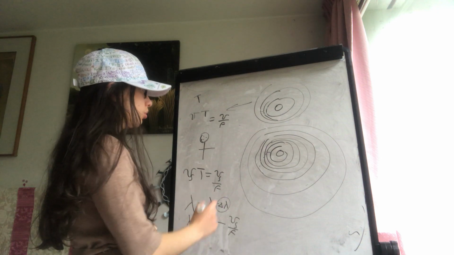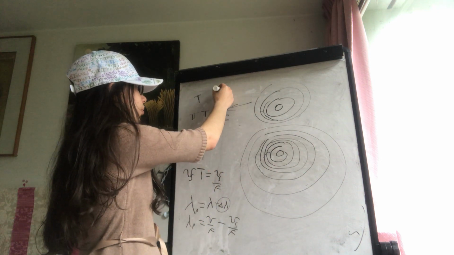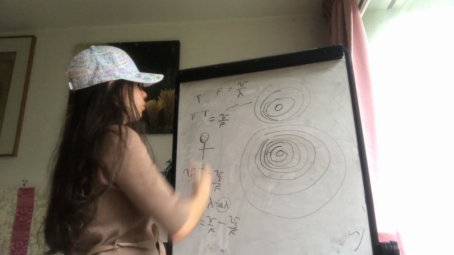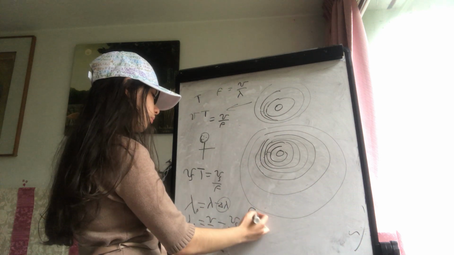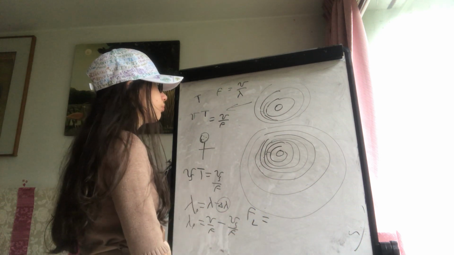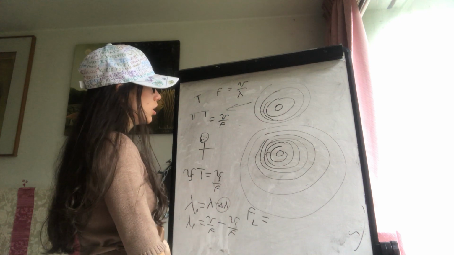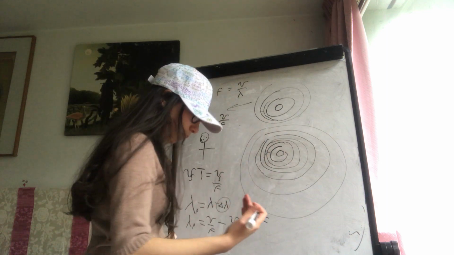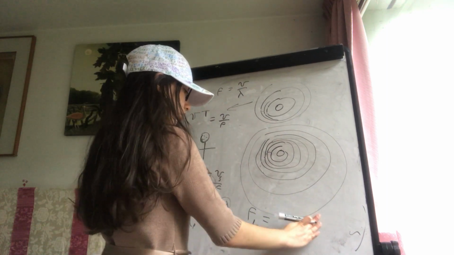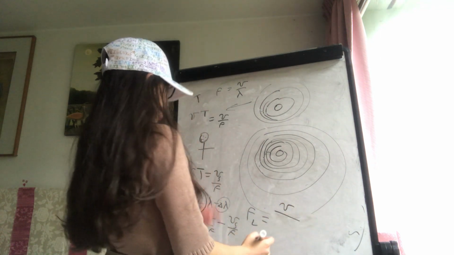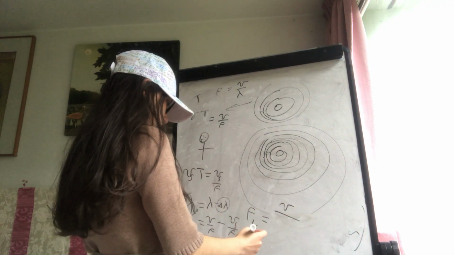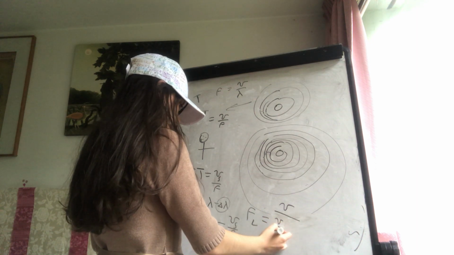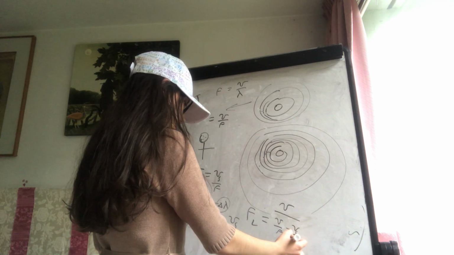So the listener will hear a frequency. Remember, the frequency is velocity divided by lambda. In this case, the frequency of the listener is equal to the velocity of the sound wave, the propagation velocity, v, divided by the wavelength, and the wavelength is this: v divided by f minus v sub s divided by f.